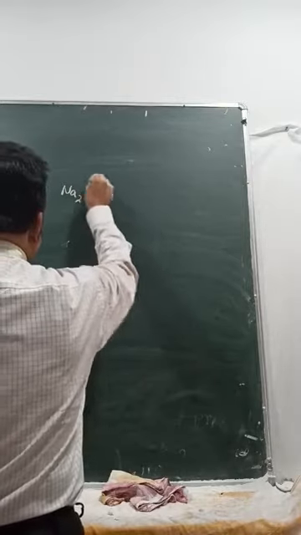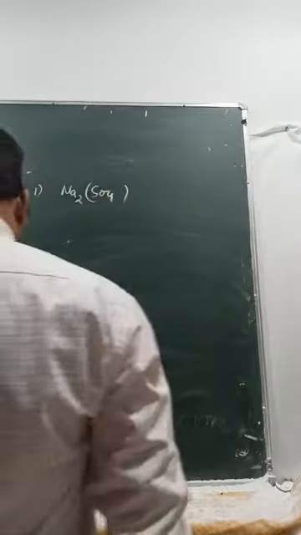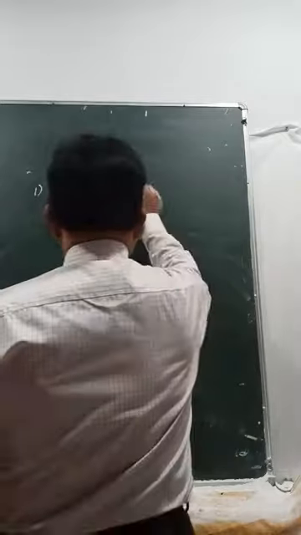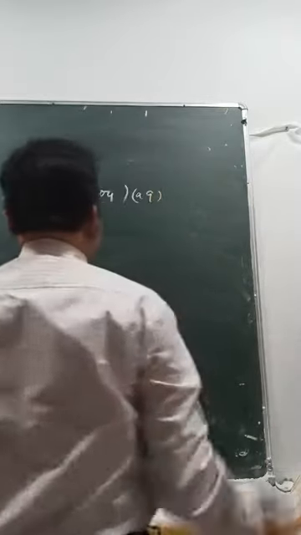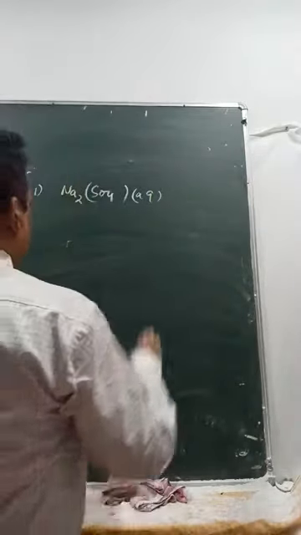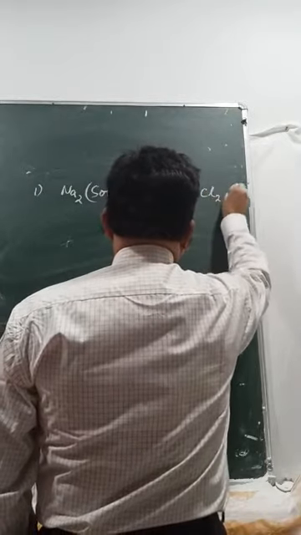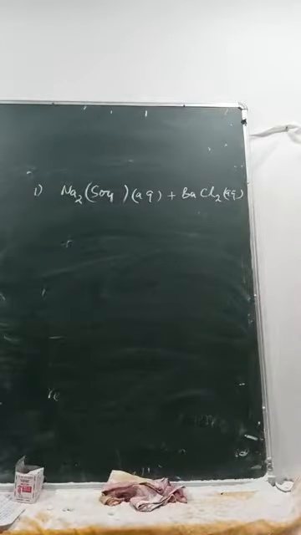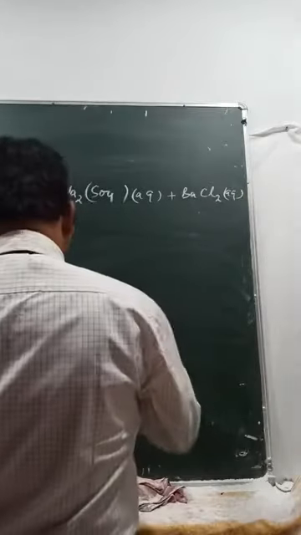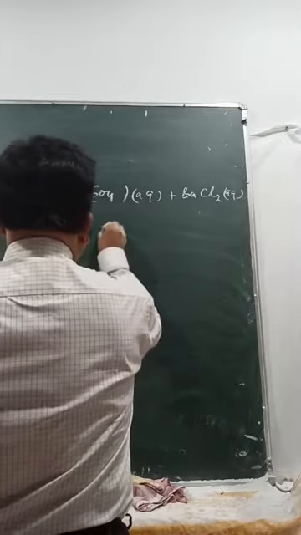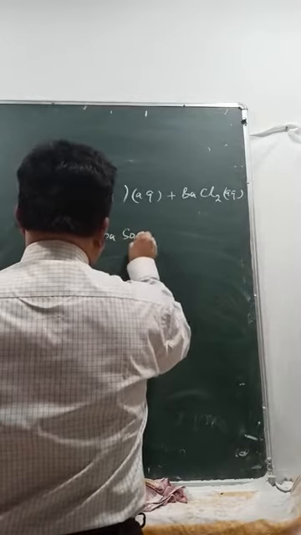Na2SO4 plus barium chloride. This is also an aqueous solution. Then what is obtained? Barium sulfate is obtained.